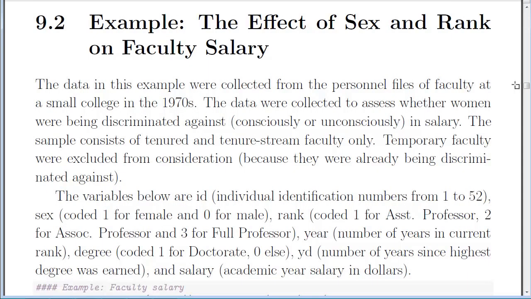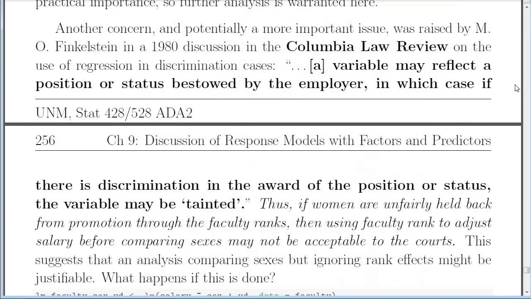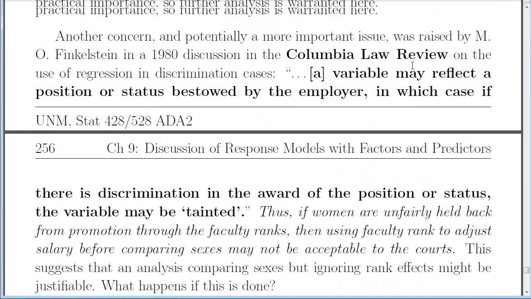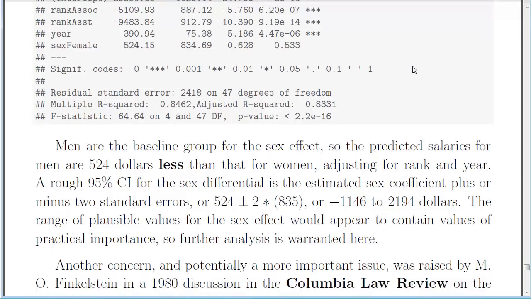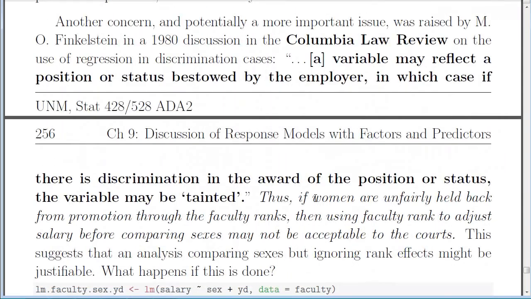And the purpose of looking at this example, if I jump down to the very bottom, I'm not really giving any spoilers away, I don't think, is that this was actually from a case in law, about whether women were being treated unfairly or not.